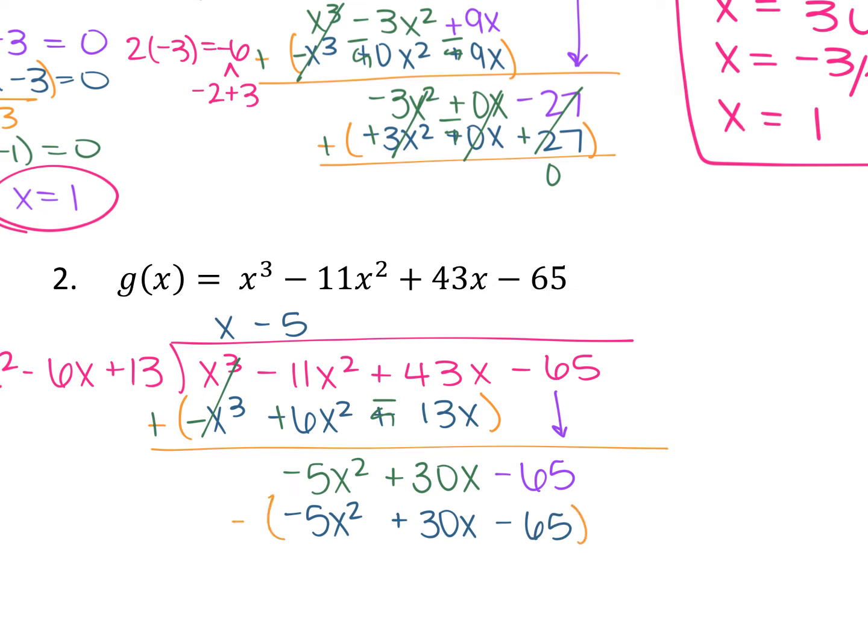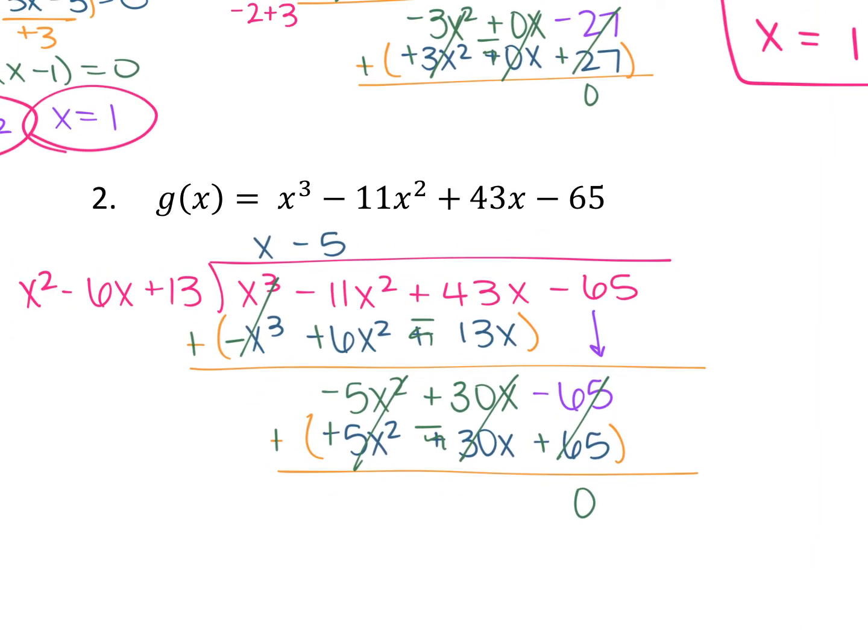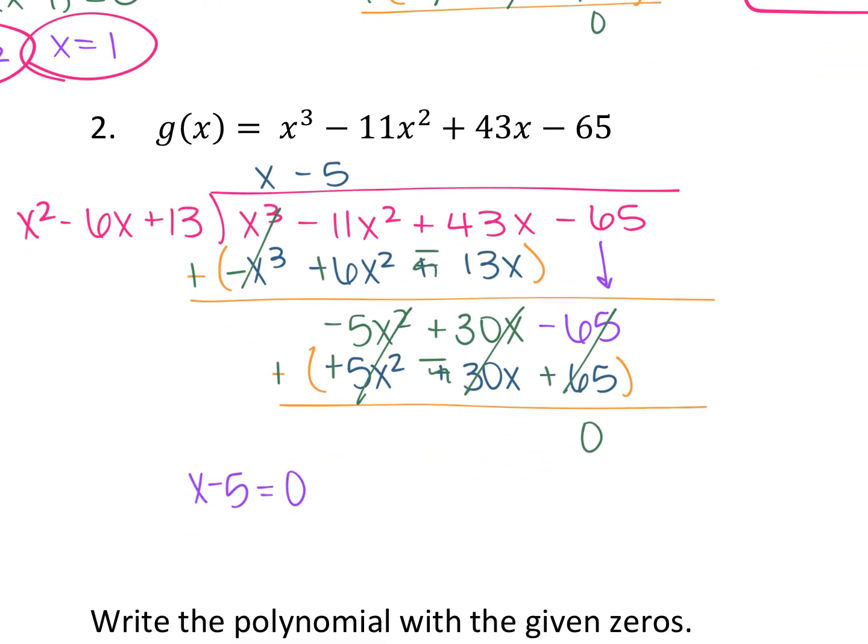Subtract these, distribute your negative, change the sign on everything inside. The 5x squareds cancel, the 30x's cancel, the 65's cancel to give you 0 as a remainder. So now you take that x minus 5, set it equal to 0, and solve. Move your 5 over, add it to both sides, and you get x is equal to 5.